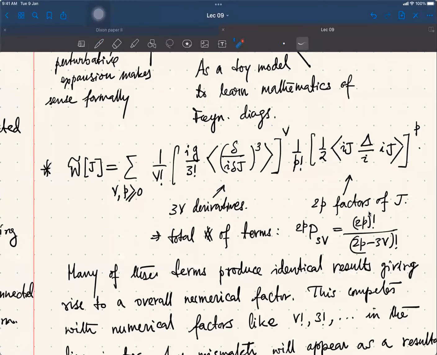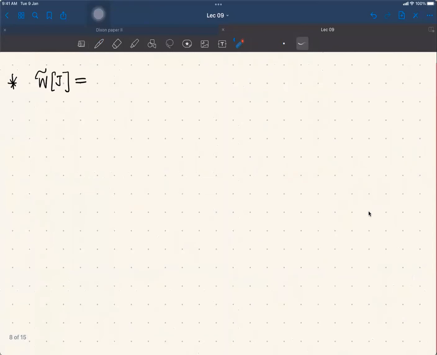So sum over P greater than or equal to 0, this is just exponential of this, which is W0J. So for V equal to 0, one has W0J, no vertex.